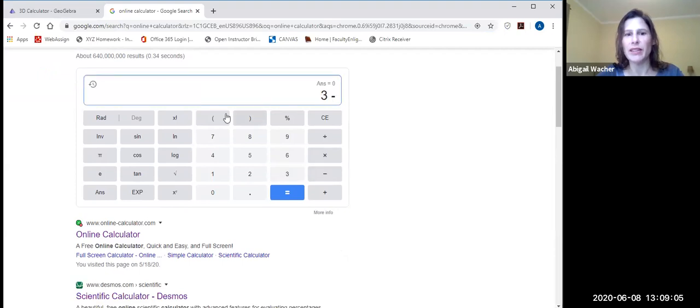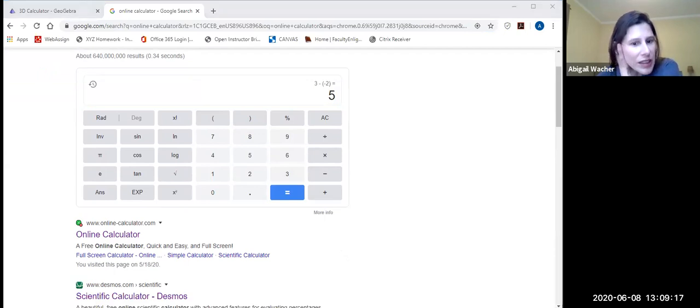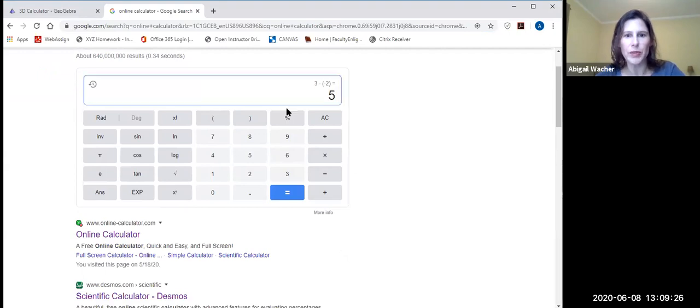So 3 minus 2, right? Hold on, am I entering the right function? It's 3 minus -0.2. Okay, so I made a mistake. So it's 3 minus, and then -0.2. And so you get 3.2.